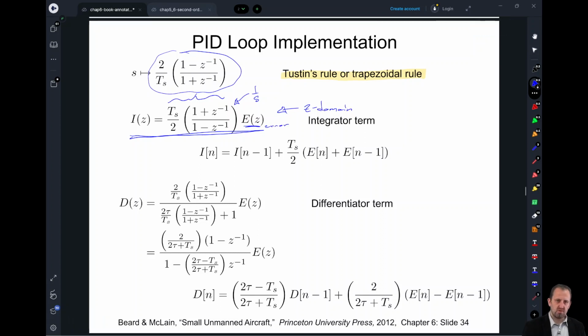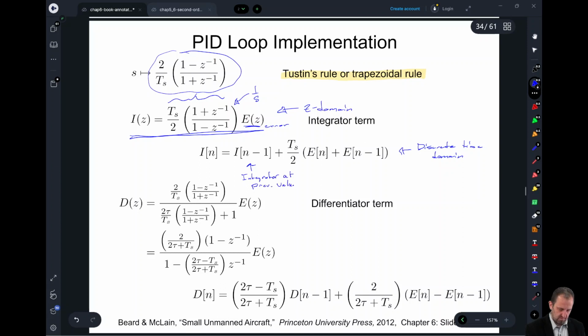As we convert that to the discrete time domain, our integrator is going to be the integrator at the previous value, plus, and this is where the trapezoidal rule really comes in, our sampling time over 2 times the current error plus the previous error.